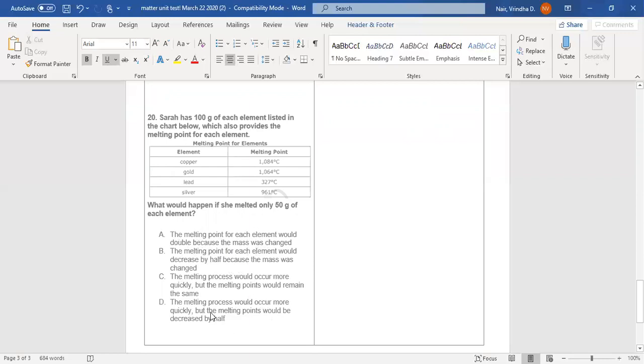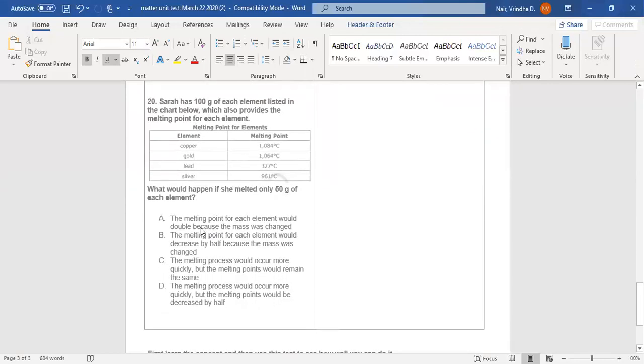Now, it says here that Sarah has 100 grams of each of the elements, and she's only taking half of each to get half of each of the elements. So now, according to the rules that we have learned, what can it be?